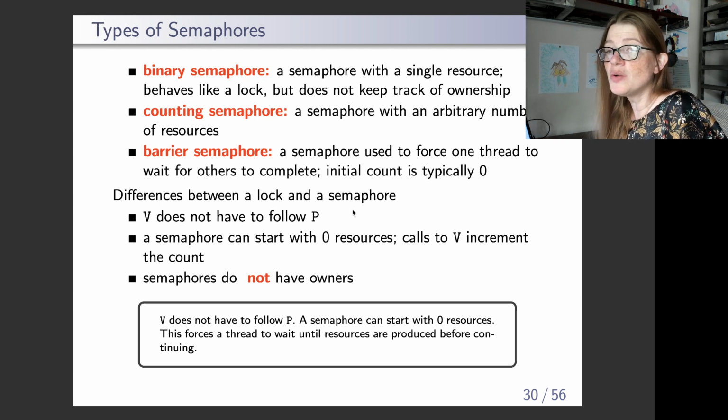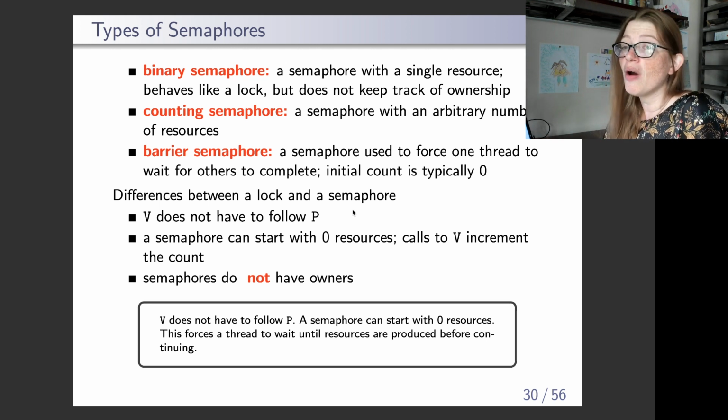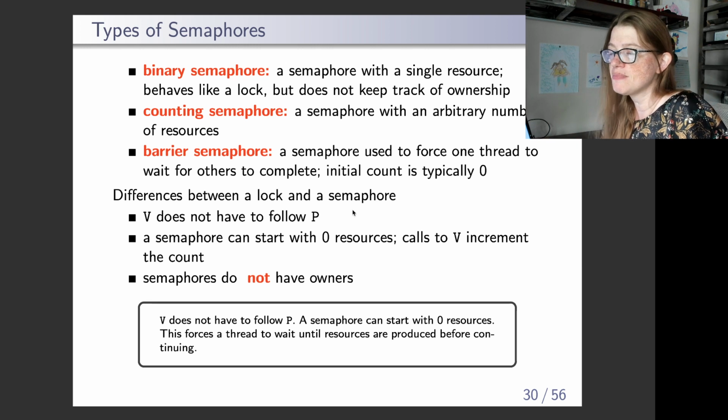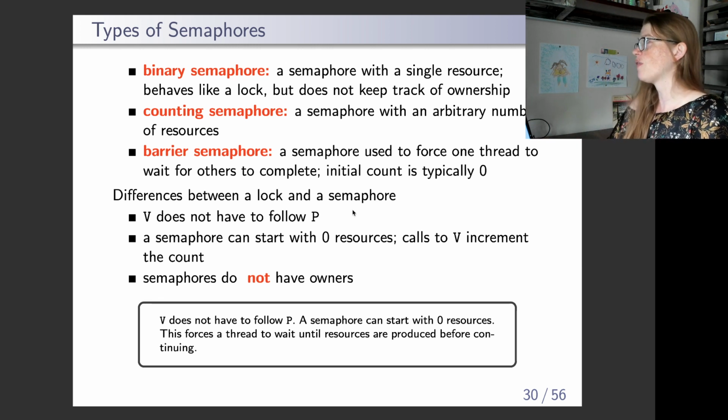So you are adding resources at a later date. You are V'ing your semaphore before anybody can actually try to acquire. And that's totally possible. So with a binary semaphore, we're not checking to make sure that we don't V multiple times in a row. So you, the user, have to be very careful about how you actually use it.